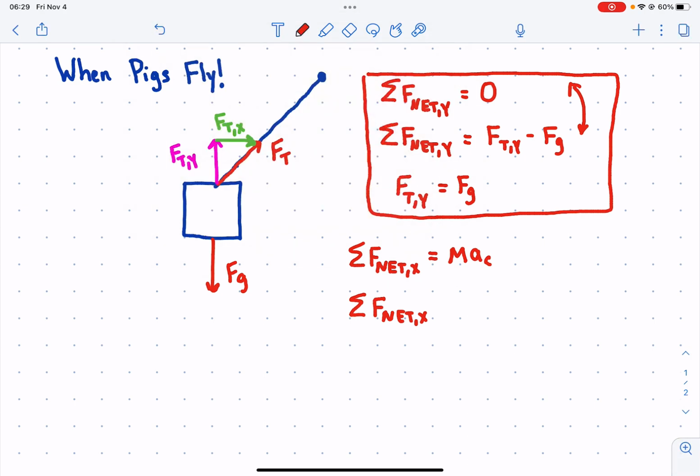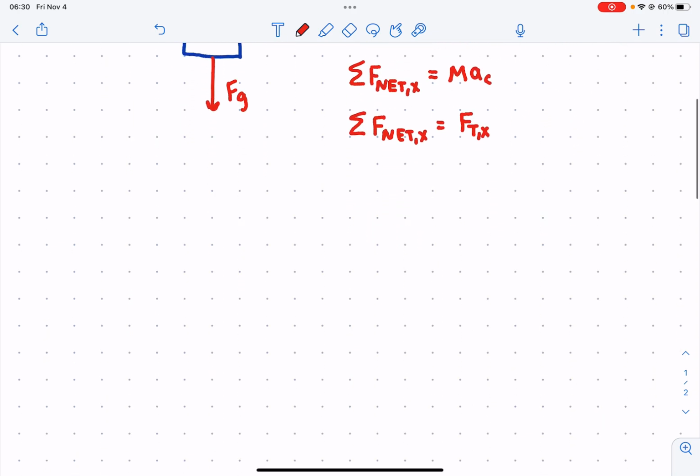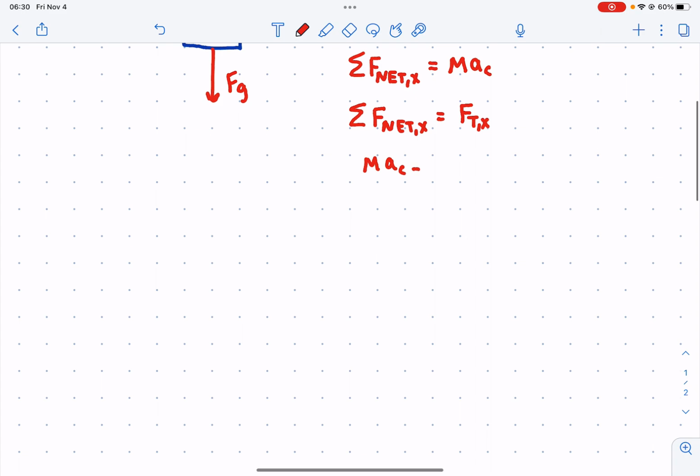And so coming back over here, this force is going to equal Ftx, right? So we're going to have an equation that m times a_c is going to equal Ftx.